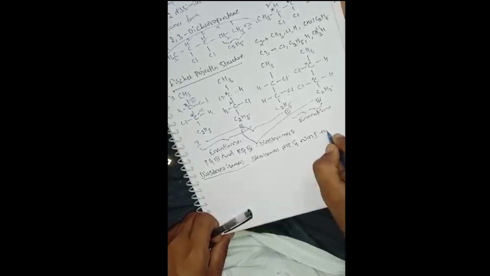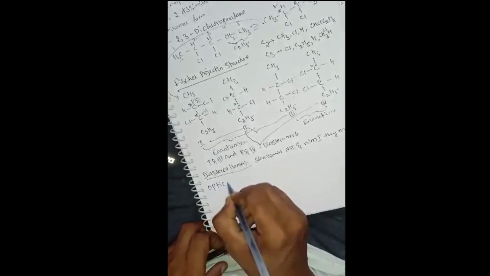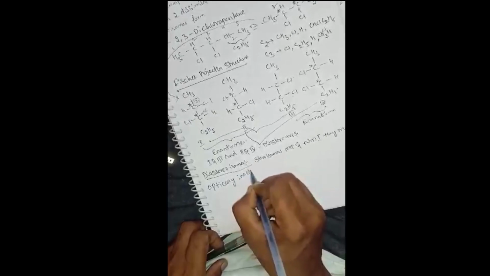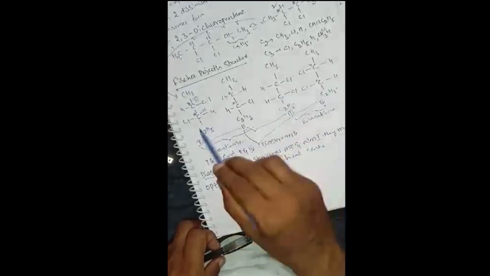They may be optically inactive even though they have chiral centers. So 1 and 3 are stereoisomers which are non-superimposable and non-mirror images. They are optically inactive even though they have the 2 chiral centers.